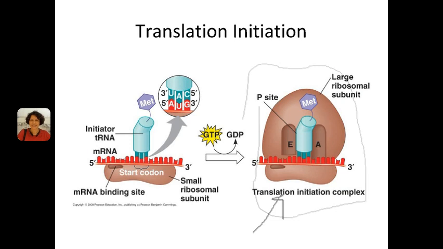The tRNA that carries the first amino acid is located at the P site of the ribosome. When we get to the process of elongation, we'll see that every subsequent tRNA coming into the ribosome is going to enter in the A position.